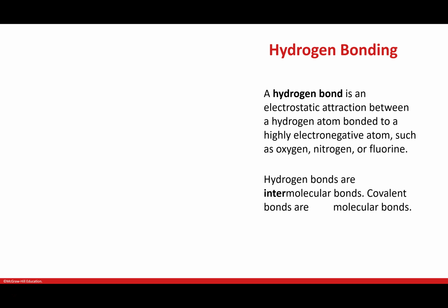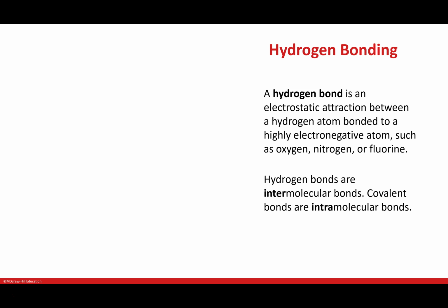So hydrogen bonds are what we call intermolecular bonds, and that covalent bond is intra. If you're like me, you think, intra, what the heck? But think of the term interstate, like the road: an interstate joins states, and think of those states as being different molecules.